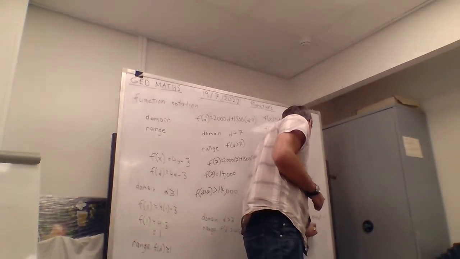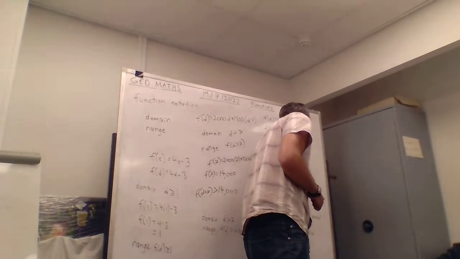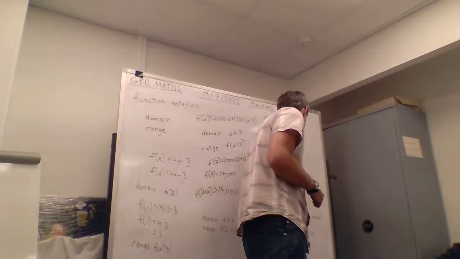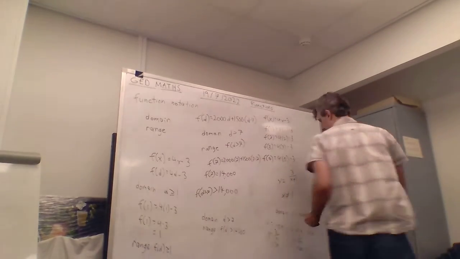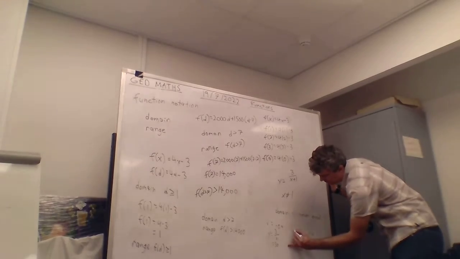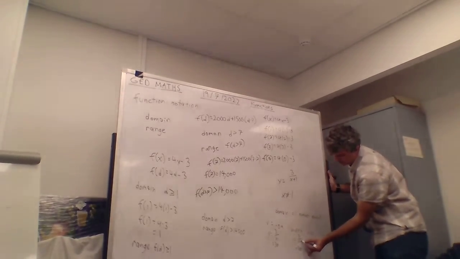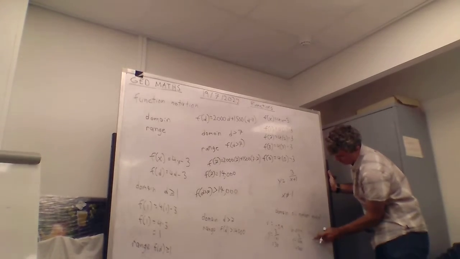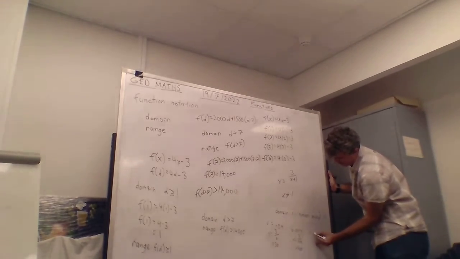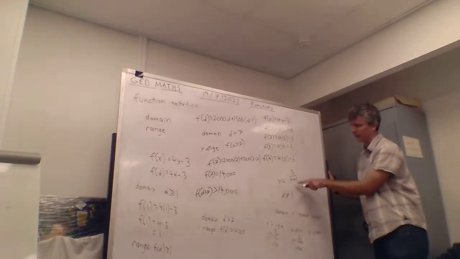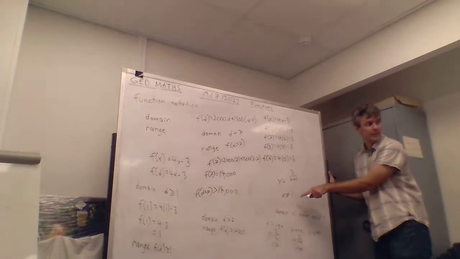If x equals negative 0.999, we're getting closer and closer to minus 1, right?